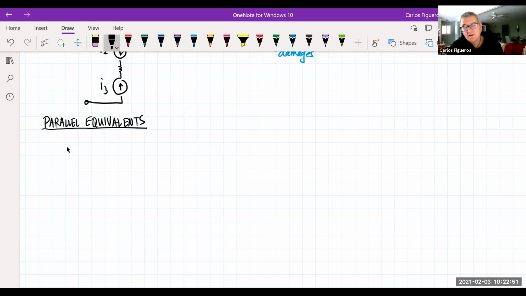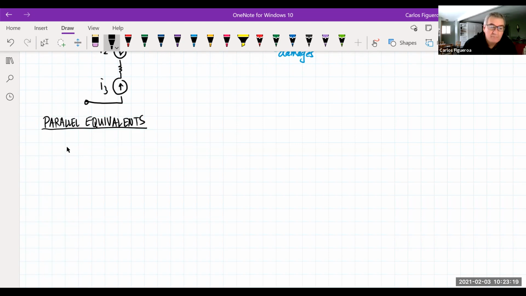Parallel equivalence is more work, and the reason is that their resistances add inversely, not directly. That's really what the problem is here.